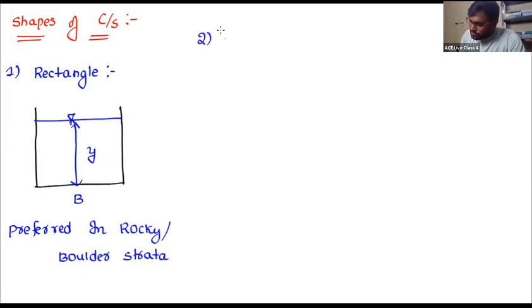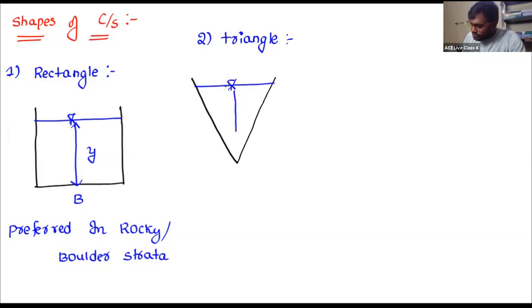Number 2, triangle. There is a triangle, and this is the free water surface, and this is the depth of flow. In the case of the triangle, you can see the sides. If you observe, the sides must have some slope or not.